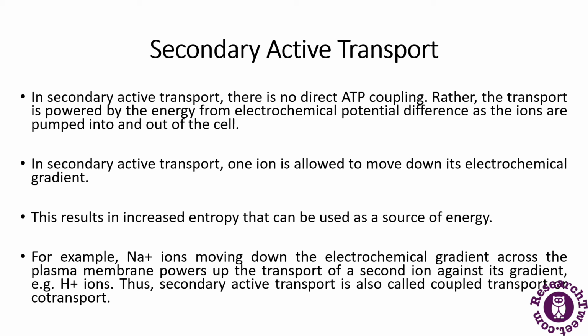In secondary active transport, one ion is allowed to move down its electrochemical gradient. As in the previous slide, the diagram showed uniporter, symporter and antiporter. The ions were moved down the electrochemical gradient, which increases the entropy. Entropy is a form of energy, so it can be used as a source of energy.